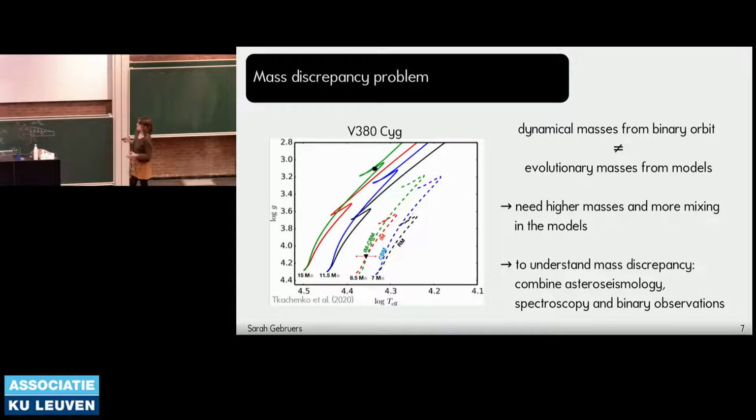It's not really understood how this is happening, or where this additional mass is coming from. Is it from adding fuel to the core by more mixing in this region? It's not really known. So to understand this, we again should combine asteroseismic data, spectroscopic data, and binary observations together.